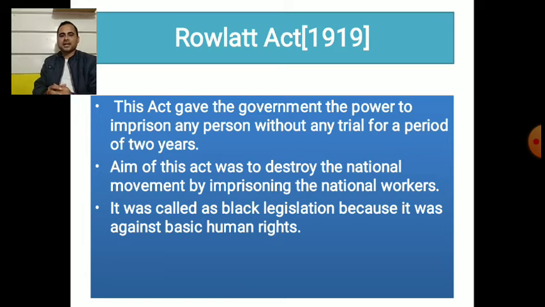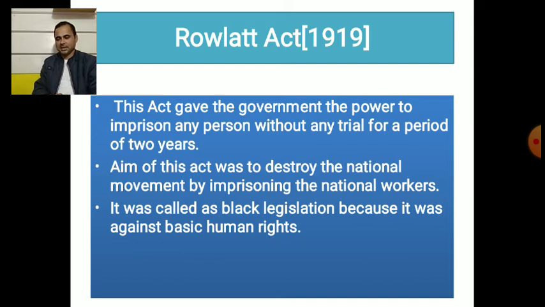The Rowlatt Act gave the government the power to imprison any person without any trial for a period of 2 years. Now let me explain when we talk about without any trial. When we talk about the detention of any person, any government is expected to follow a judicial trial.